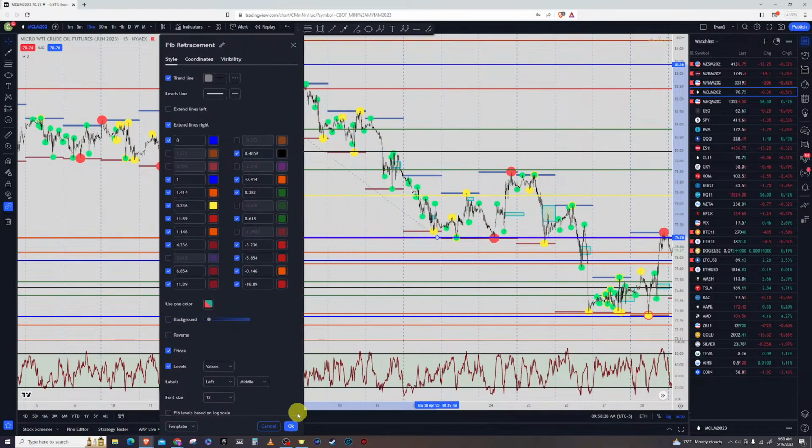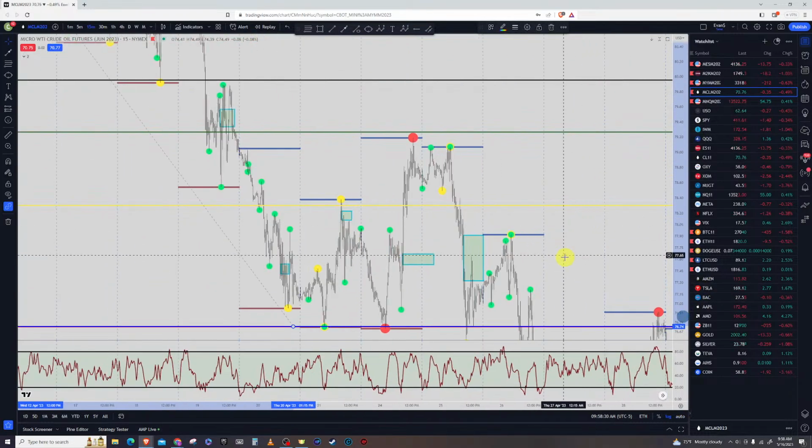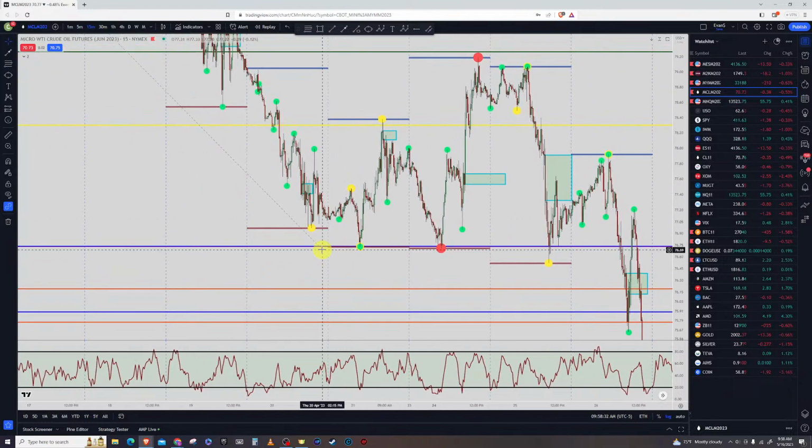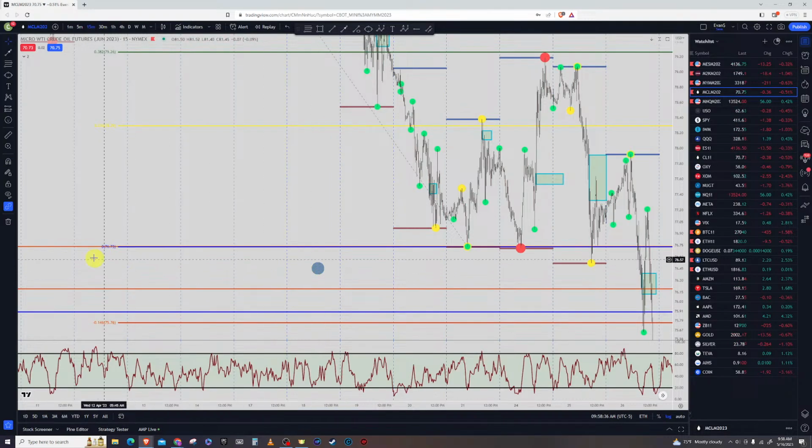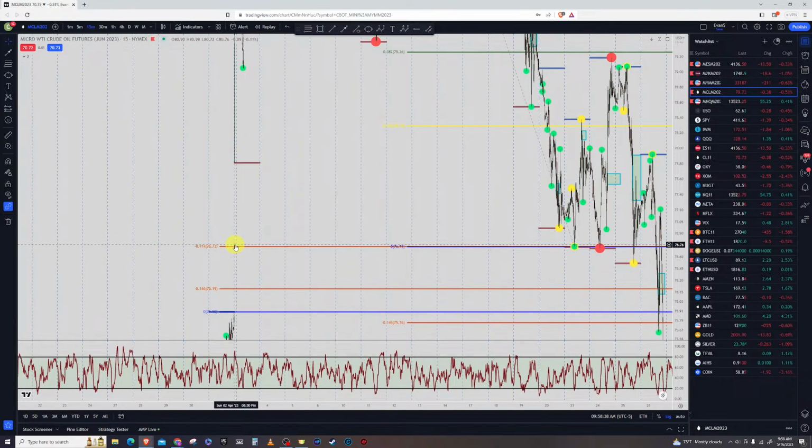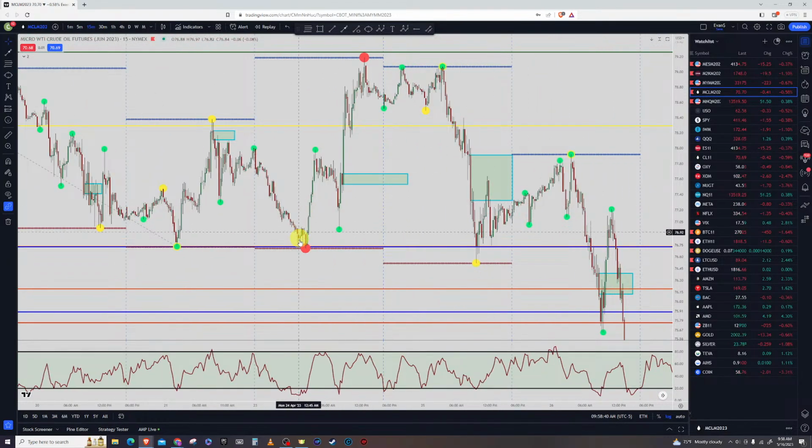Yeah, hit off the first time right there. So, well, could be potential. We'll see. Yeah, look at that. Hit right off the 1.414 level. Right here. Actually, right here.